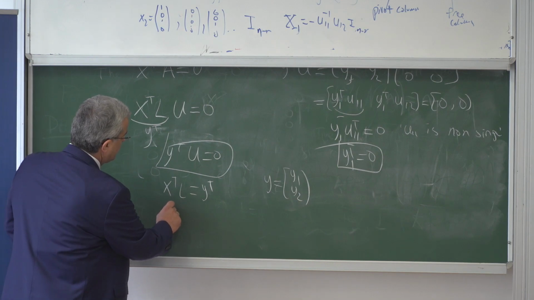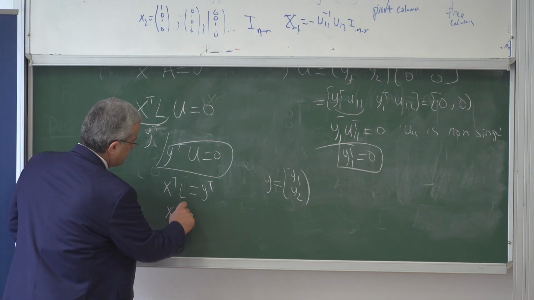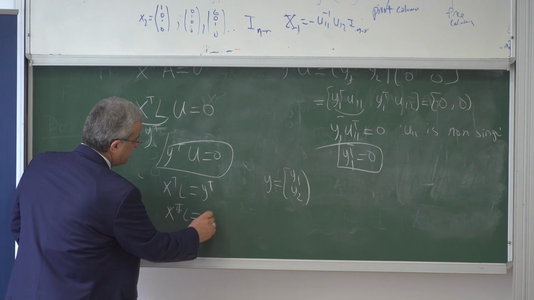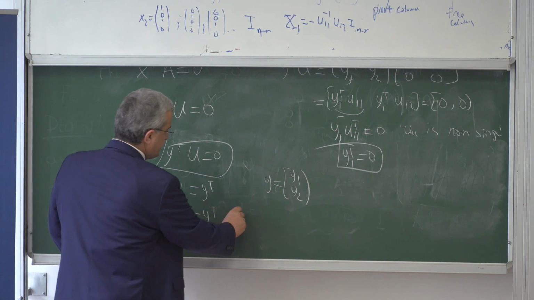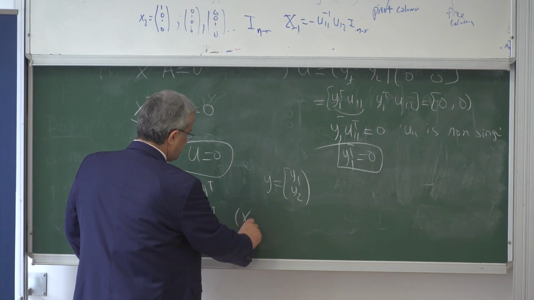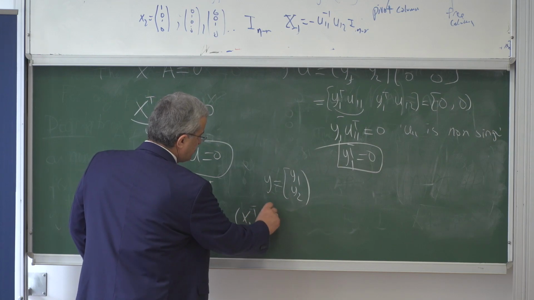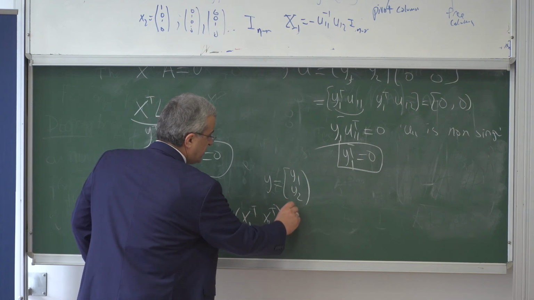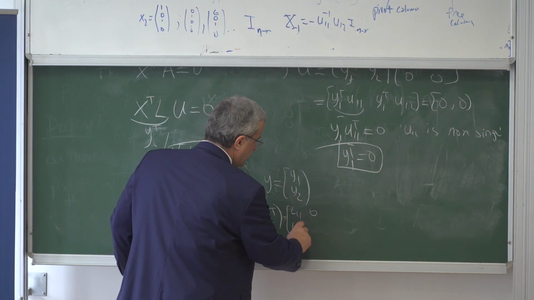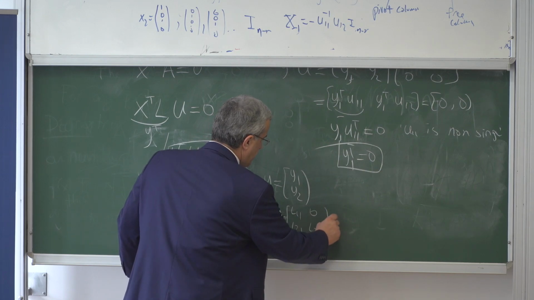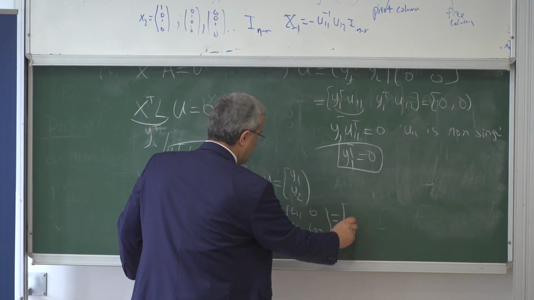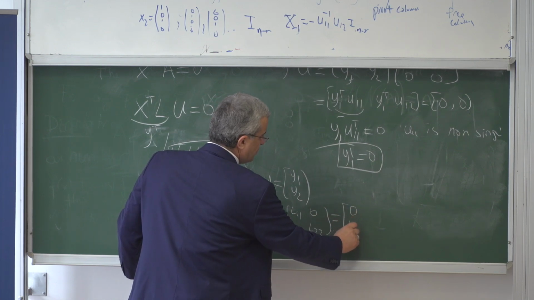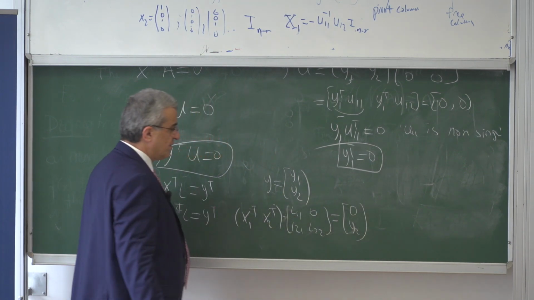So you have X transpose L is equal to Y transpose. That means X1 transpose, X2 transpose times L, which is L11, 0, L21, L22, is equal to 0 and Y2. And Y2 is free.